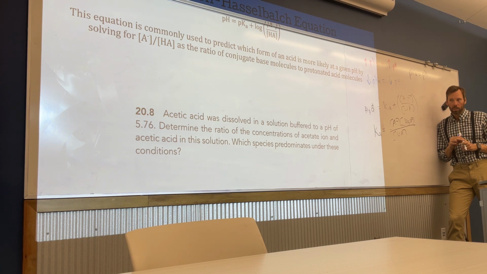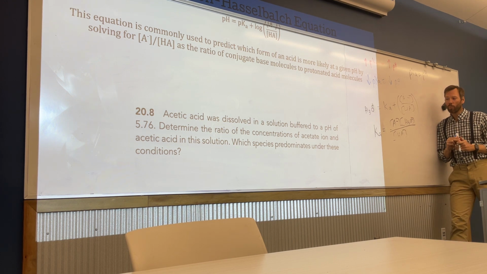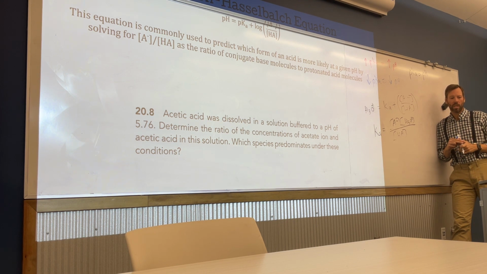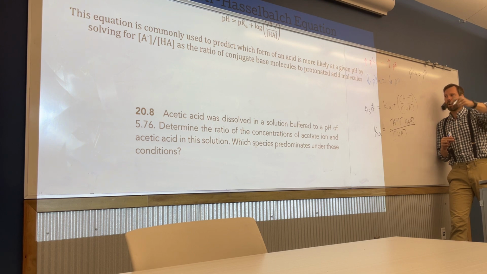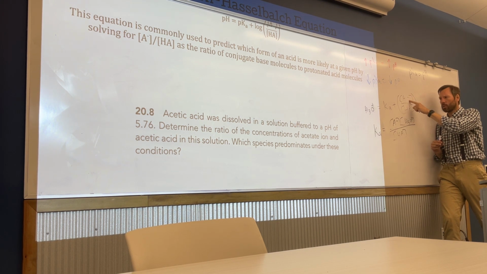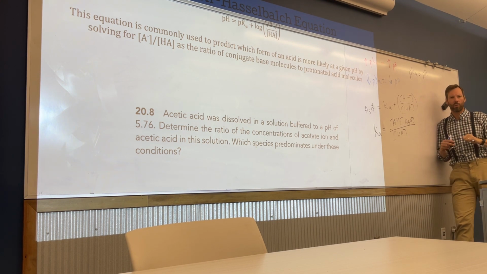So, how do we apply this? All we really need to do is, if we're given pH and the pKa, we can determine what this ratio is. And that will tell us, depending on what the ratio is, for every one conjugate base, or for every one deprotonated version, how many protonated versions do we have?